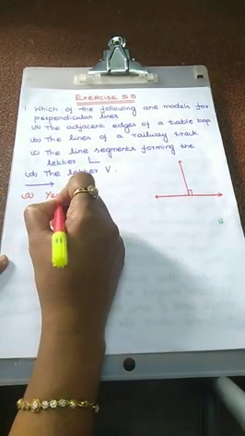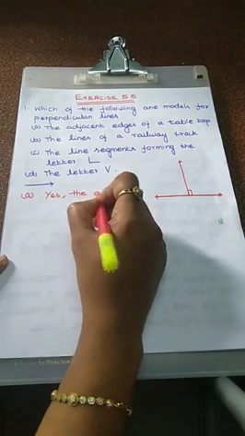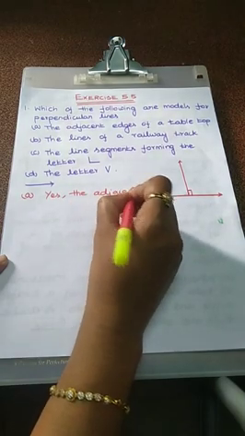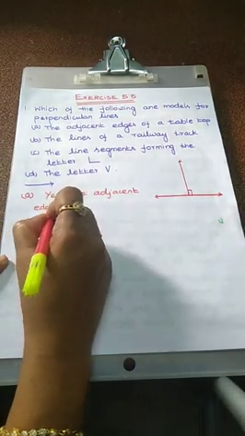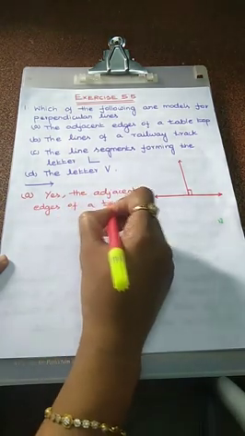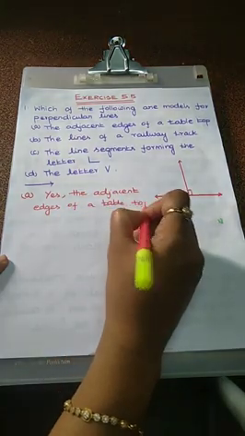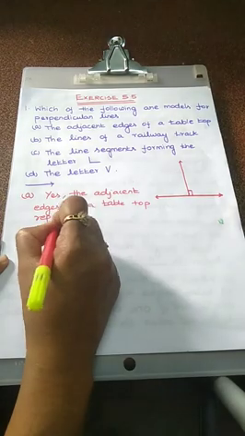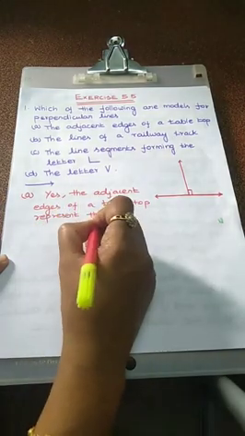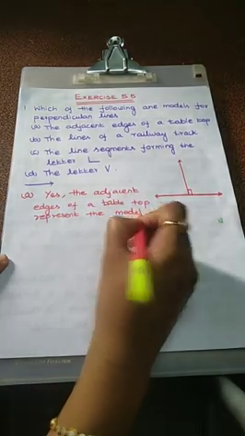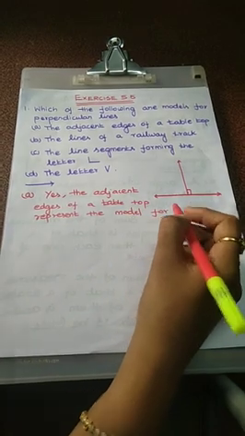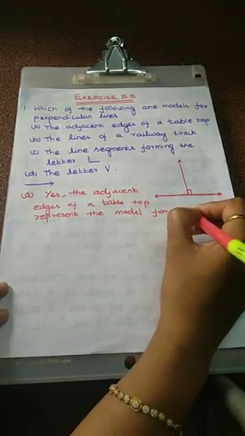First subdivision: yes, the adjacent edges of a tabletop represent the model for perpendicular lines.